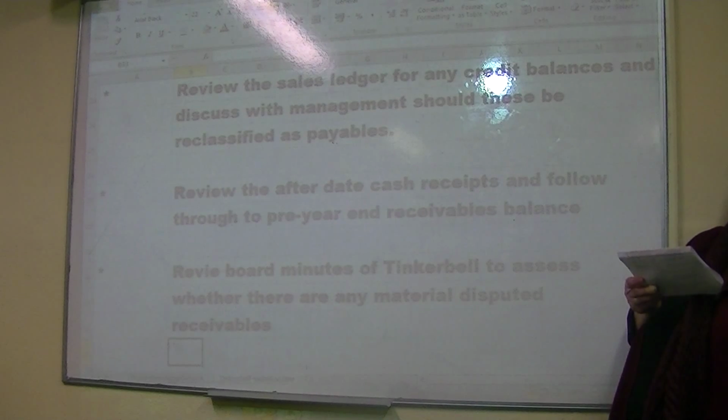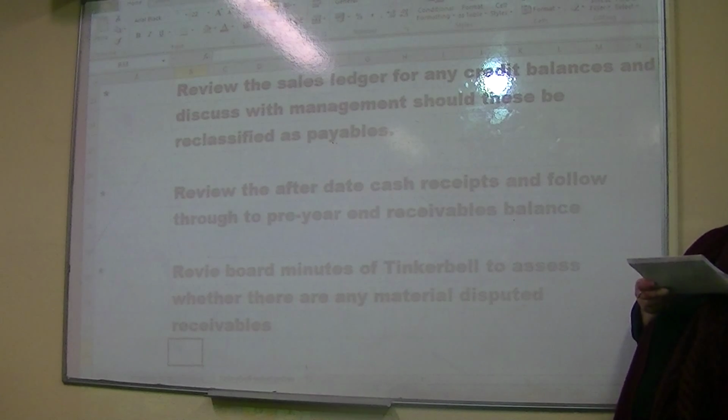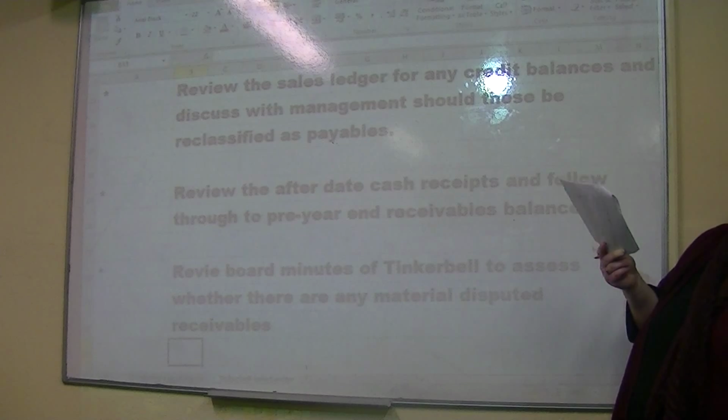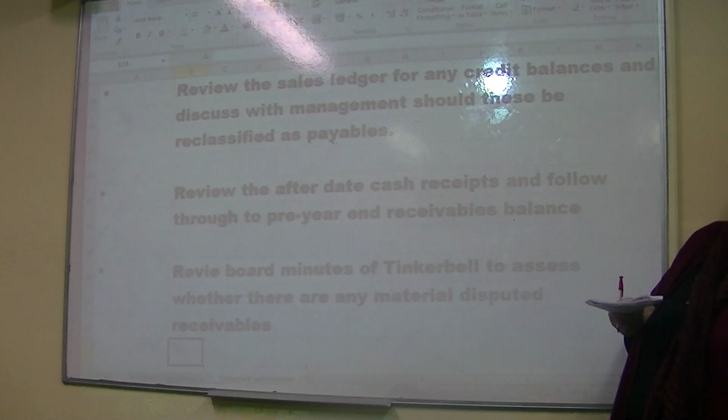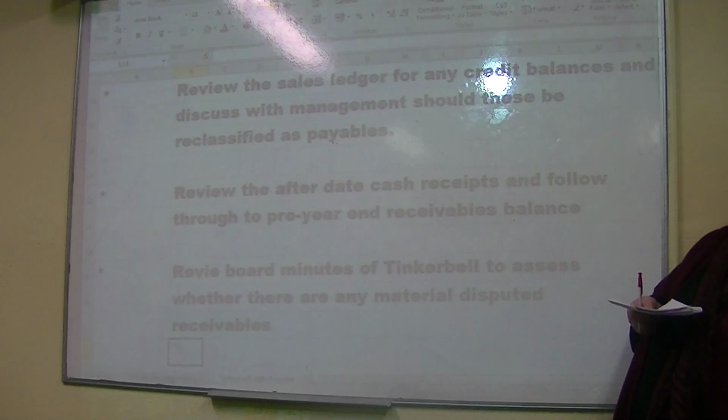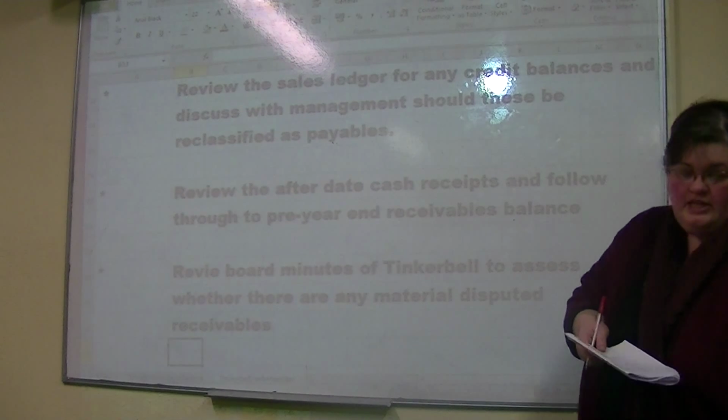So these are substantive testing, you're looking at the analytical and you're looking at the tests of details. The first analytical one you can do with sales and revenue is your gross margin, which would be one of the ratios and formulas you can look at.